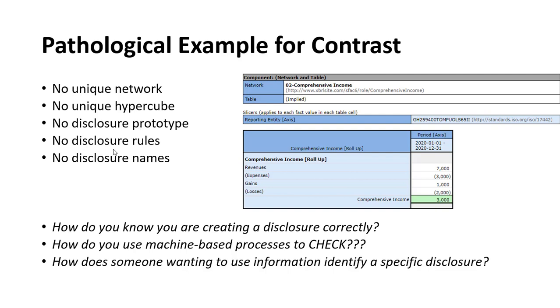You have no rules that describe the disclosures. You have no rules that say that this is required to be a roll-up, this is required to be the total of that roll-up, or provide alternatives that could be used as total for the roll-up. And what if you had no disclosure names?